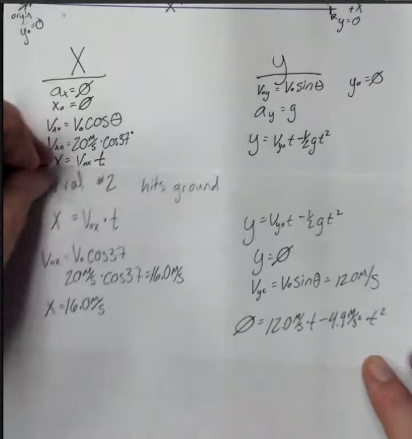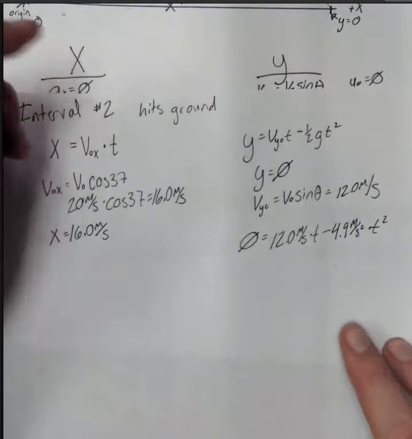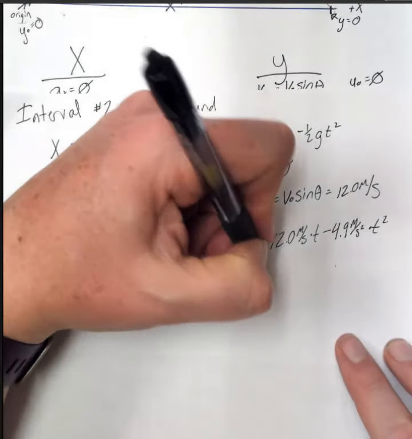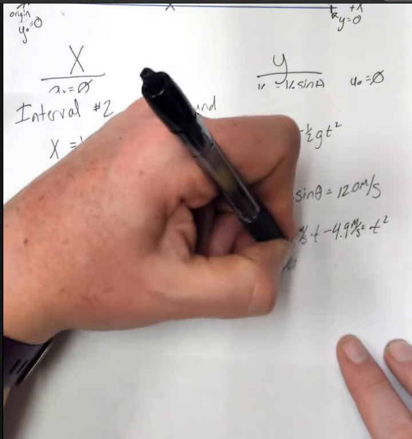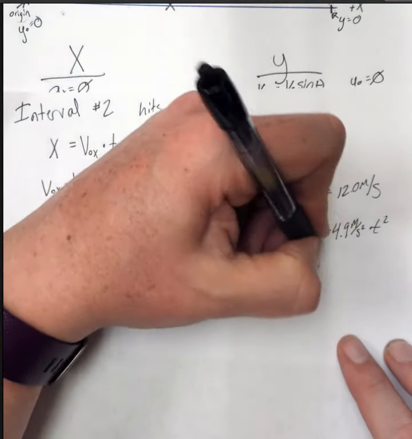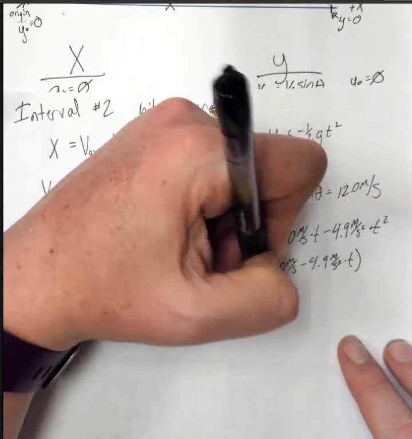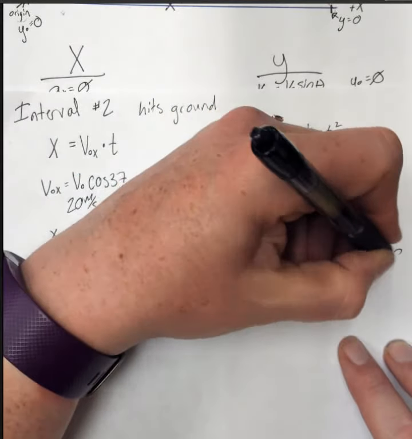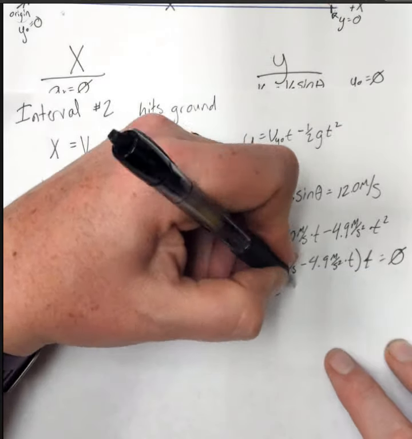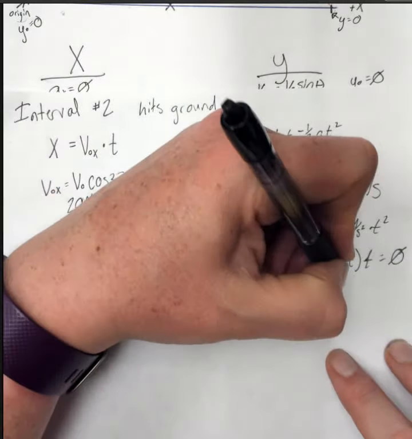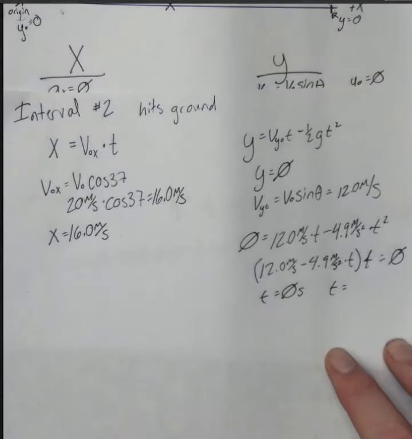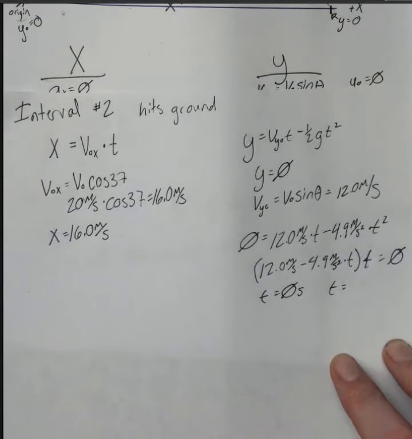Now, I don't need to use the quadratic formula here, I can factor it. So that means that I have 12 meters per second minus 4.9 meters per second squared times time equals 0. So my time equals 0 seconds, and my time equals 2.45 seconds.